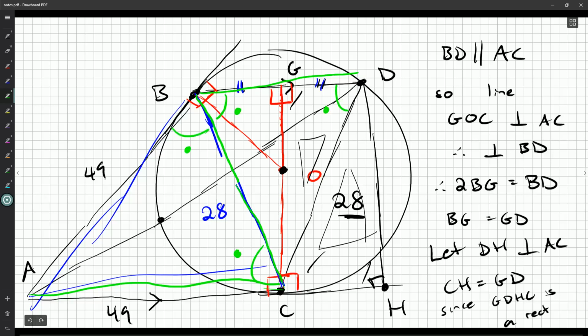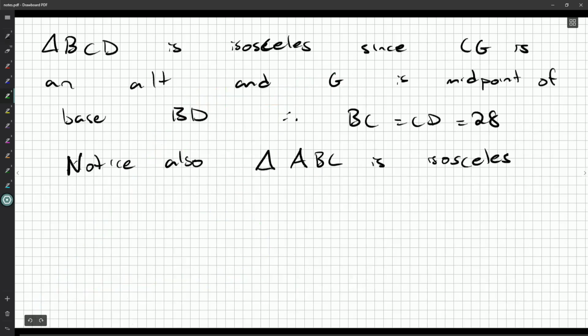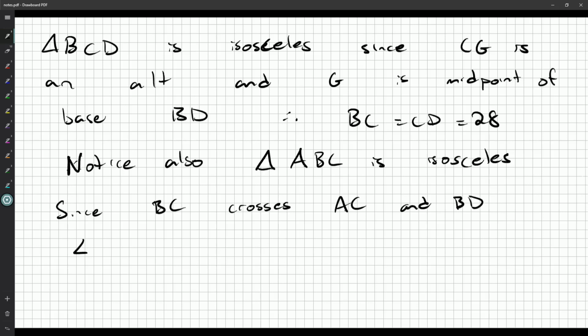So these are similar isosceles triangles. So since BC crosses AC and BD, and you don't have to write this much. Remember, it's B4. They just want the final answer, but we're starting to move into the Part C questions, so I'm writing a little bit more.